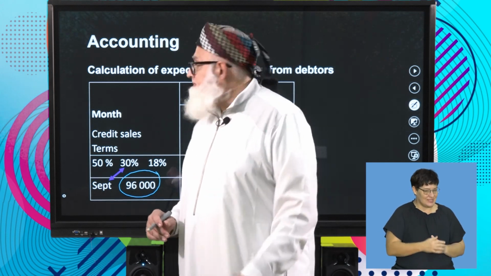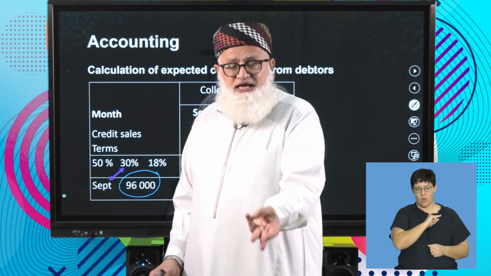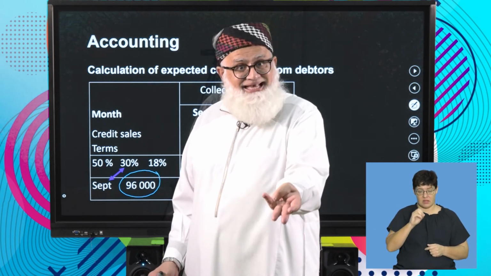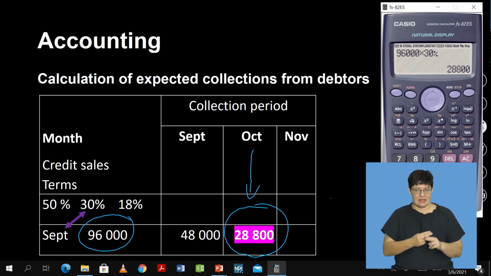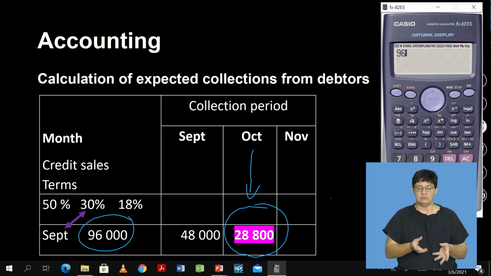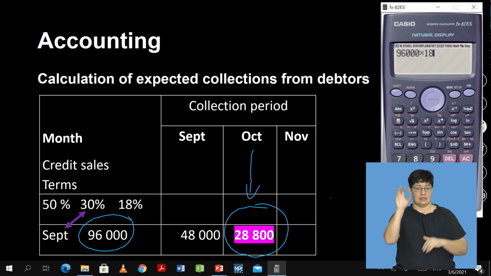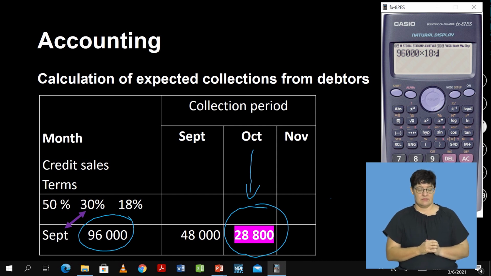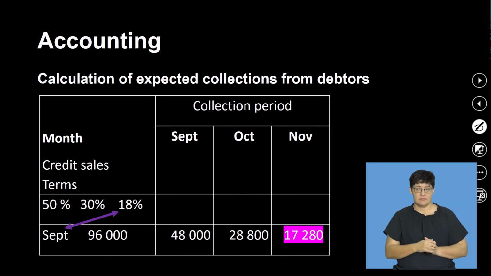Will September impact on November? Certainly it would. Why? September 50, October 30, November 18%. Once again, take my calculator and take my 96,000 times the 18%, and the figure is 17,280. Let's check this out here. Here's my September credit sale of 96,000.